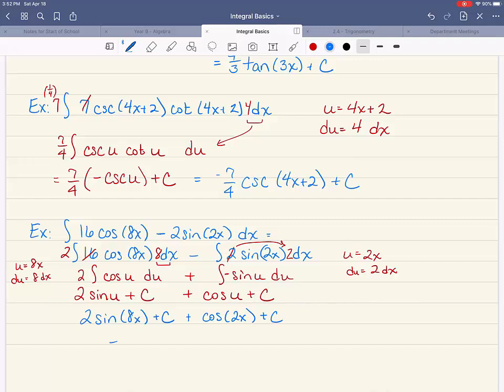So the true final answer here, we take this C and this C, all C's combine to make a new C. So my final answer is 2 sine of 8x plus cosine of 2x plus just a c. I haven't evaluated c, so this magic c, c plus c in this case, is just another c.